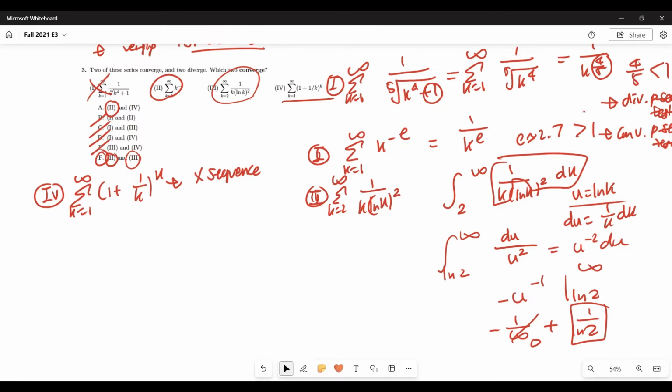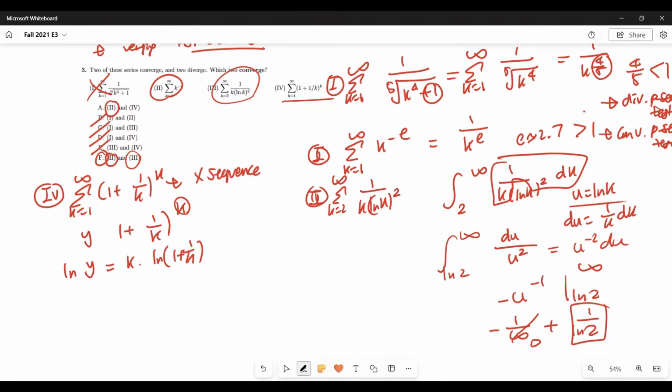So then how would you solve it? Let's put y equals (1 plus 1 over k) to the k power. If you take the ln on both sides, this becomes ln y equals k times ln of 1 plus 1 over k. The k comes down because of the ln.